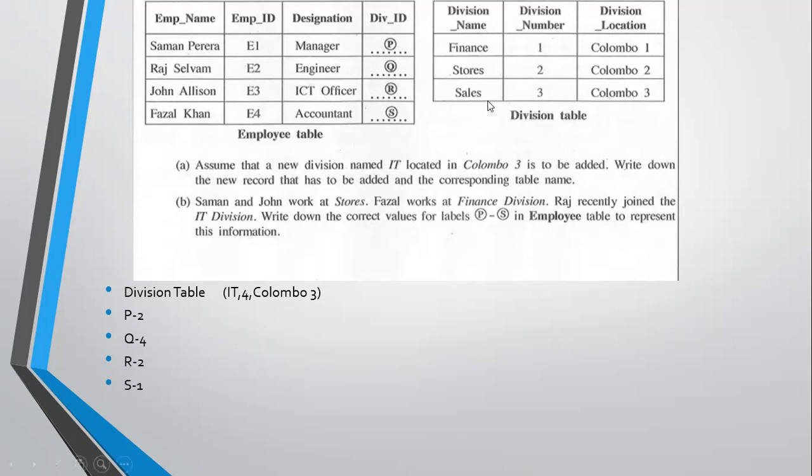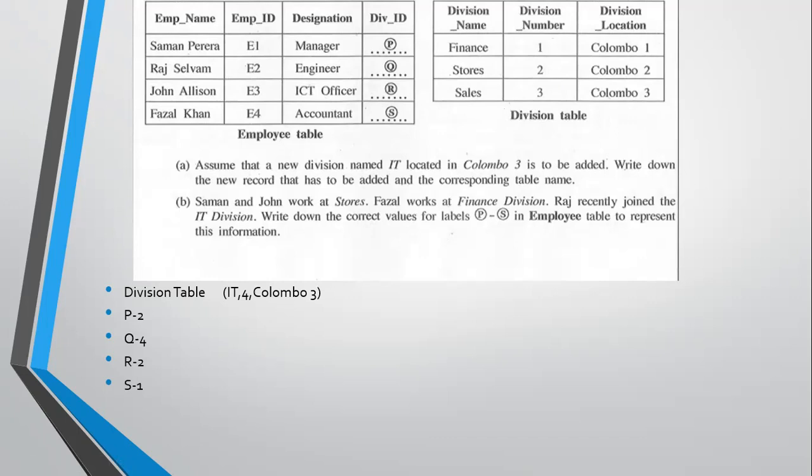When we add a new division, we need to add it to the division table. It comes below the sales record in the division table. It is IT, the number becomes 4, and the address is Colombo 3. Saman and John work at stores.